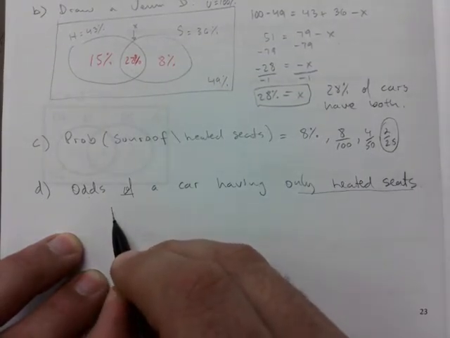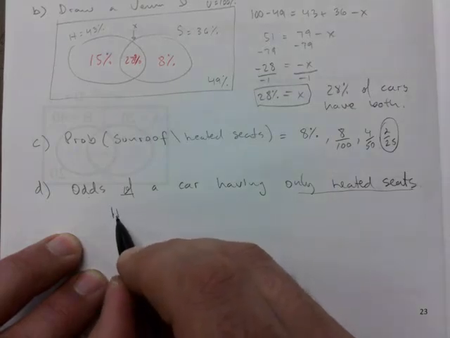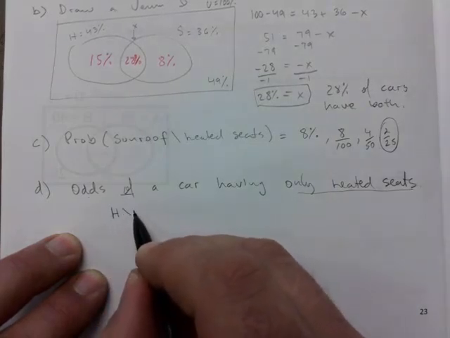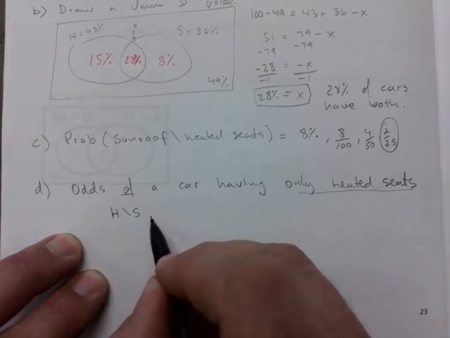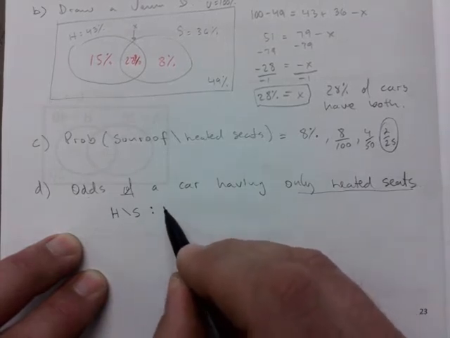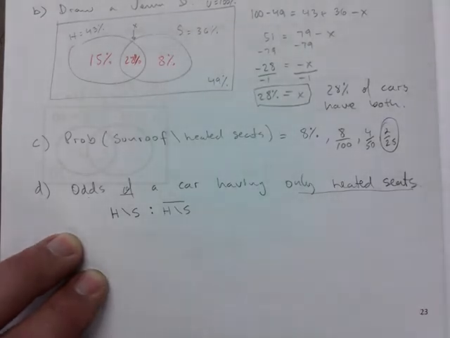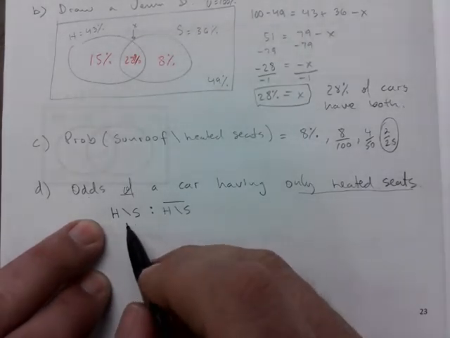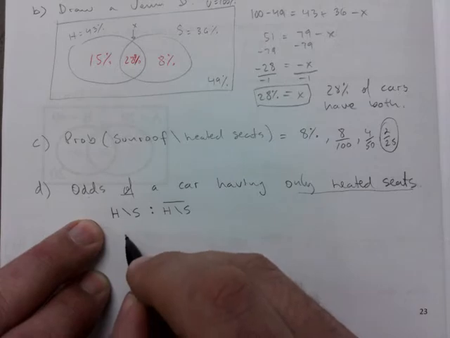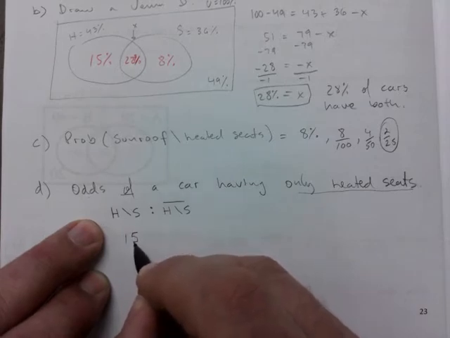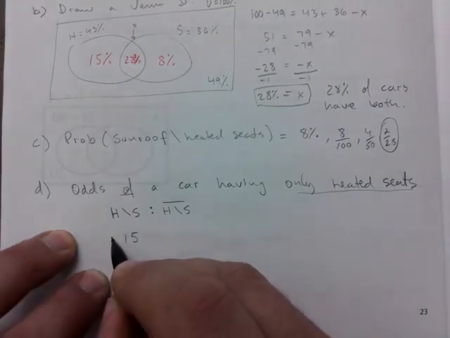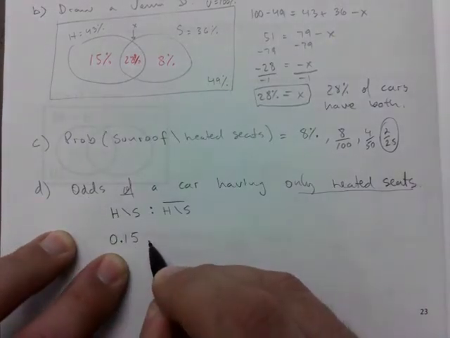So you want heated seats only, right? So basically heated seats, not sunroof. And on this side, you're going to have the not, right? You're going to have the not. So heated seats only would be 15%, which is, hey, let's do this, 0.15.